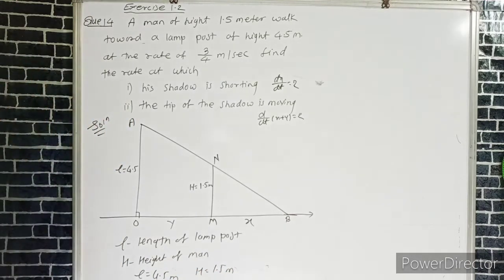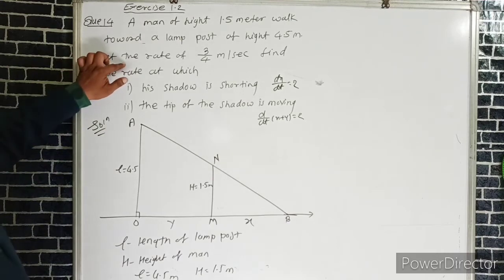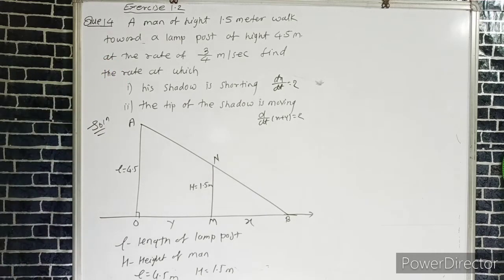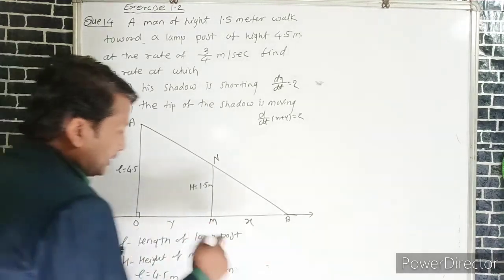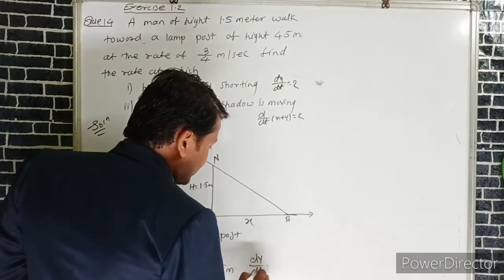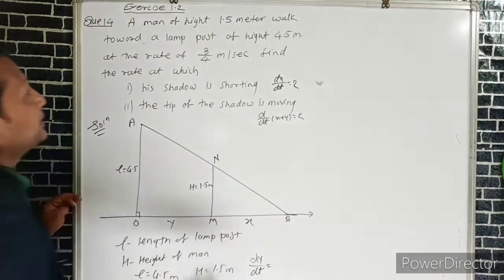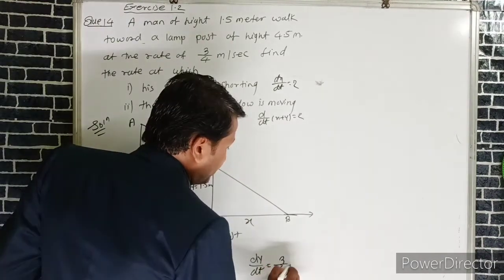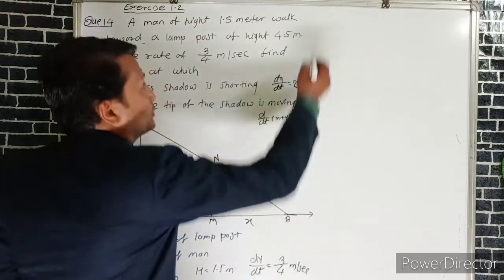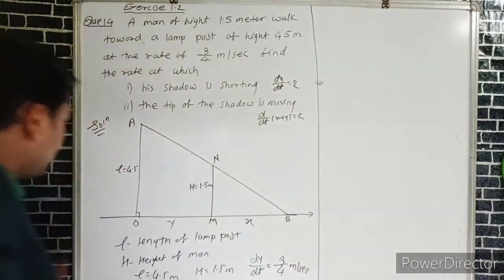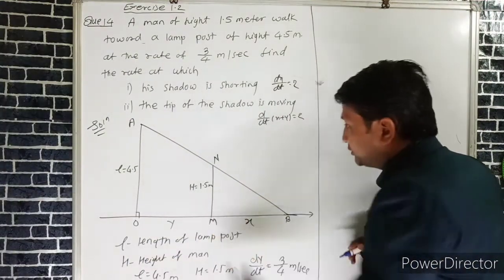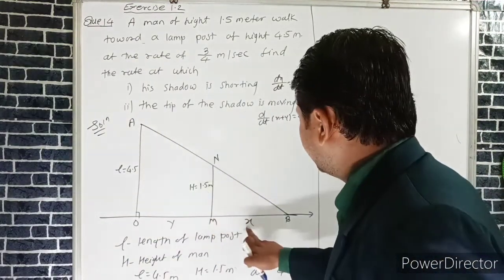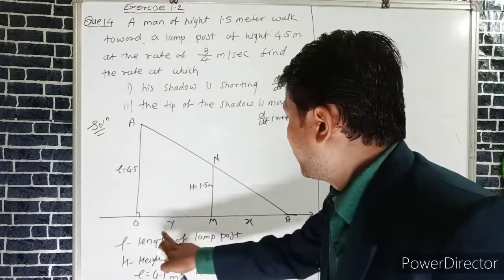Again here it is given that the man walks at the rate of 3 by 4 meter per second toward the lamp post, meaning dy upon dt is again given. The value of dy by dt is 3 by 4 meter per second. So now we know that the ratio H upon x is equal to L upon x plus y.